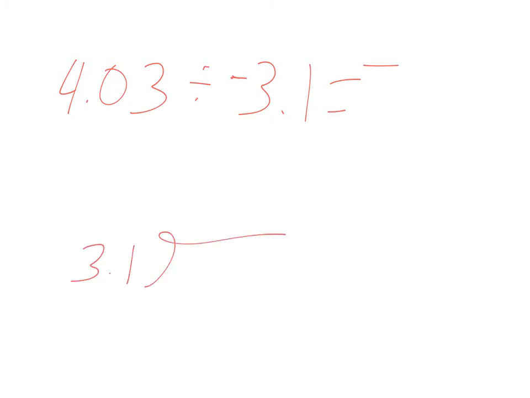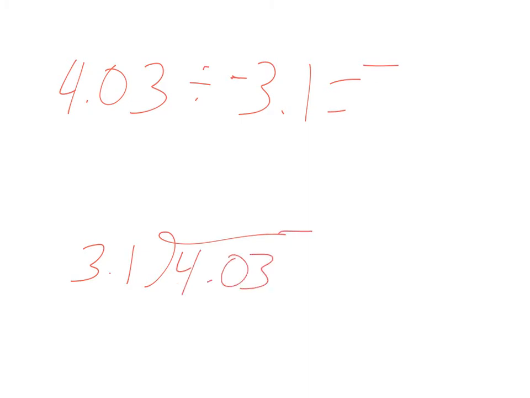Again, the same process works with decimals. Say I have 4.03 divided by negative 3 1/10. I see that I have one negative, so that means my answer will be negative. My quotient's going to be negative, and then I'm really just going to go through and do some long division with decimals. 3 1/10 divided into 4 3/100.